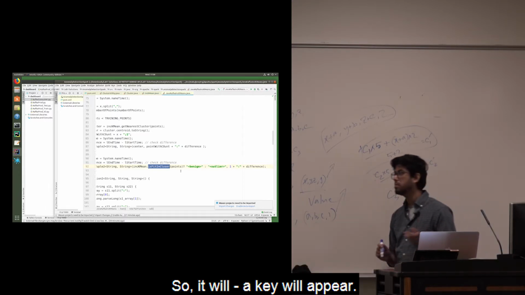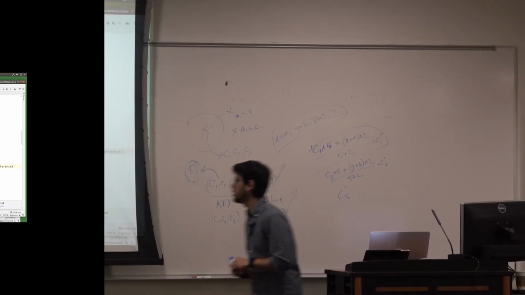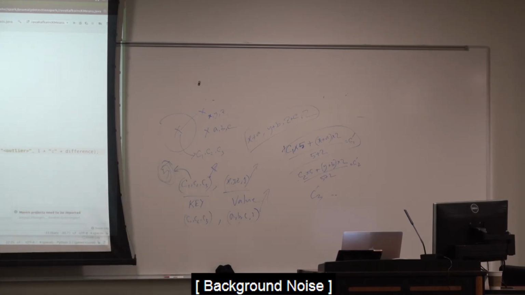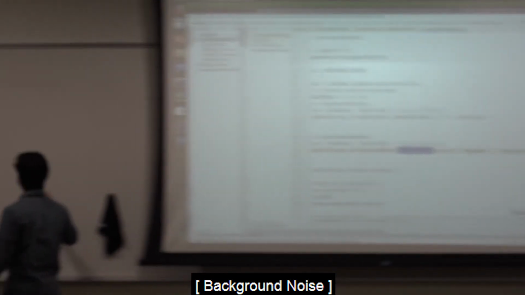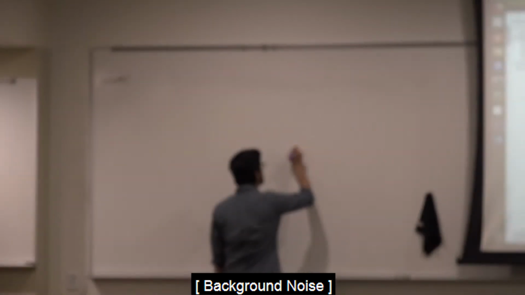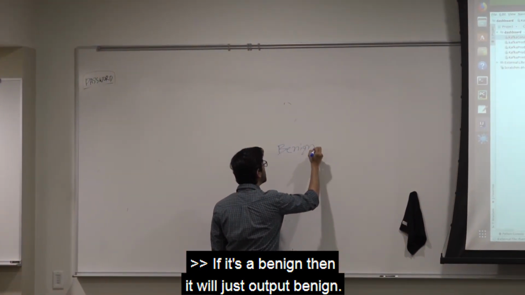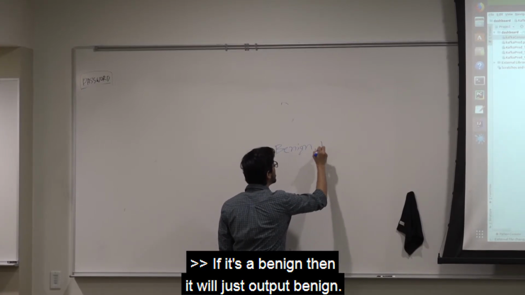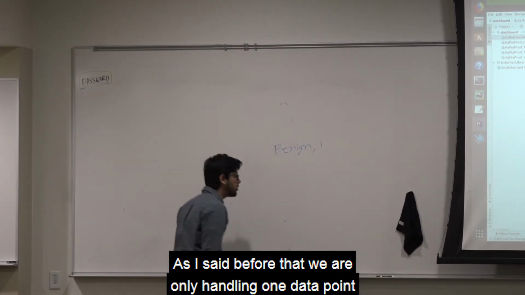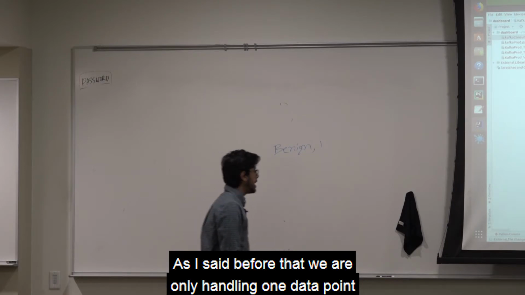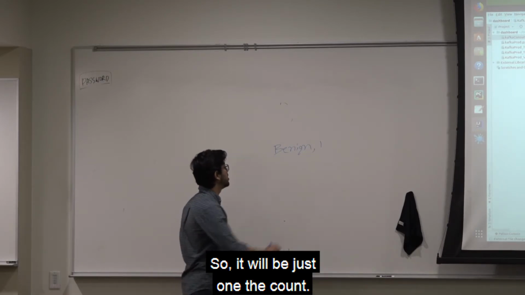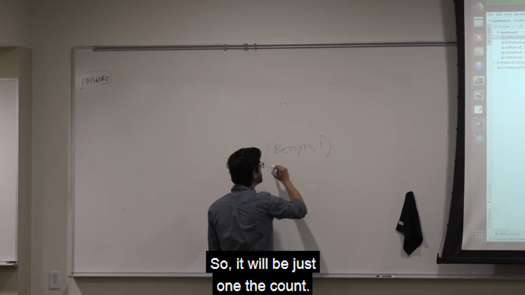So it will emit a key-value pair, and if it's benign, then it will just output benign with the count of the data points. As I said before, we are only handling one data point at a time, so the count will be just one.